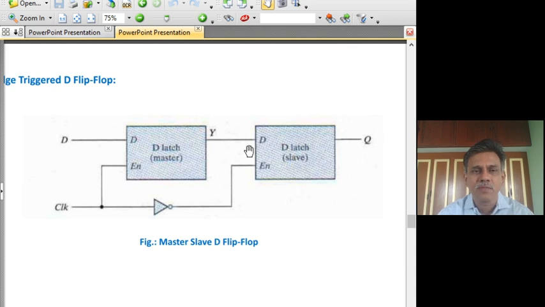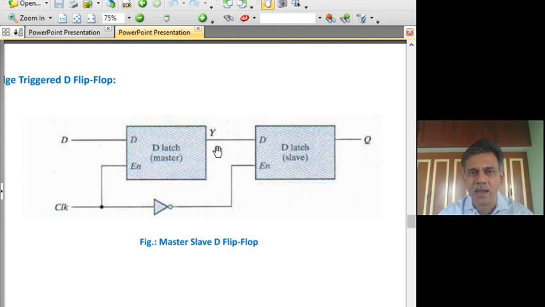So the effect of this master slave flip flop is that you give a sufficient clock pulse duration, and you don't expect D to keep changing during the clock pulse. We expect D to remain at a certain value, and the clock pulse width is good enough for the master to settle down to a value.